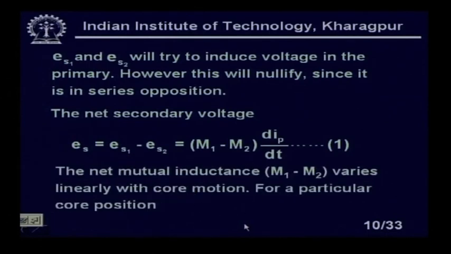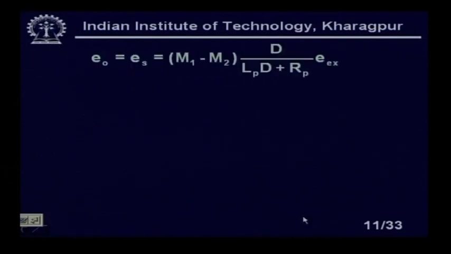The net mutual inductance M1 minus M2 varies linearly with the core motion. For a particular core position, E naught equals Es equals (M1 minus M2) D over (Lp D plus Rp) times Ex, the excitation voltage.